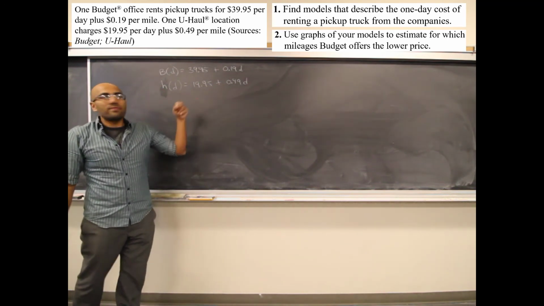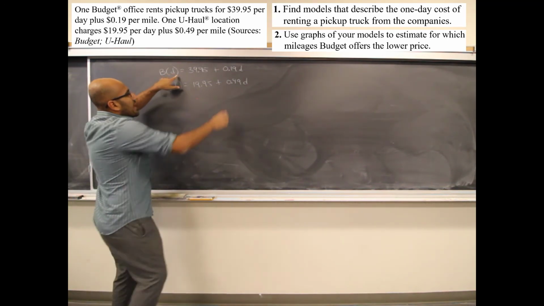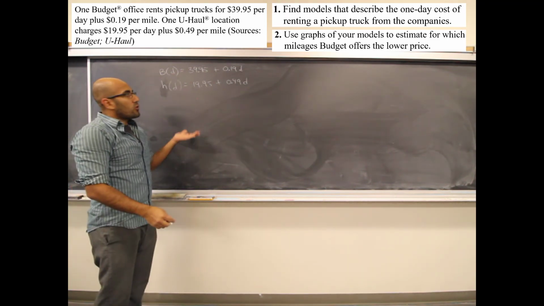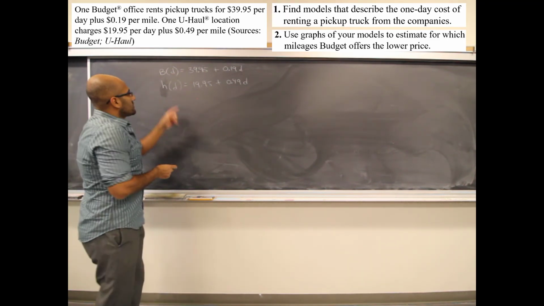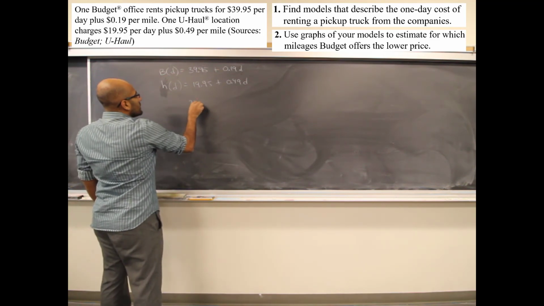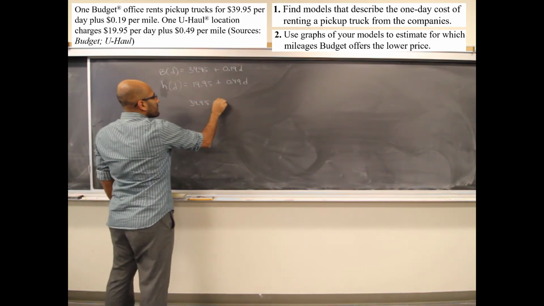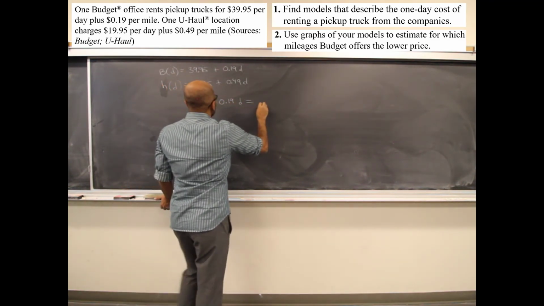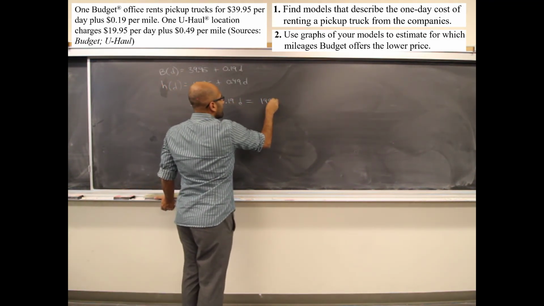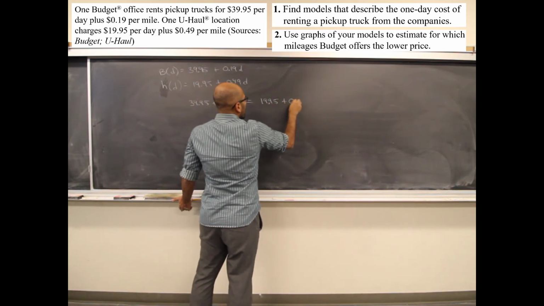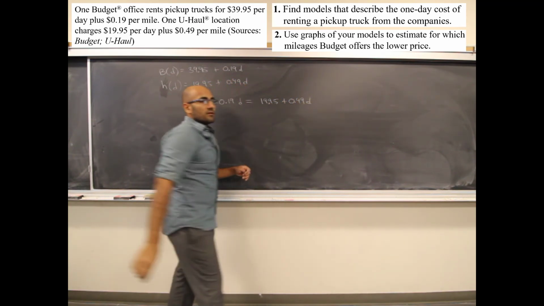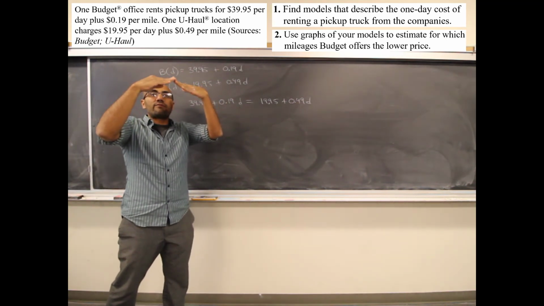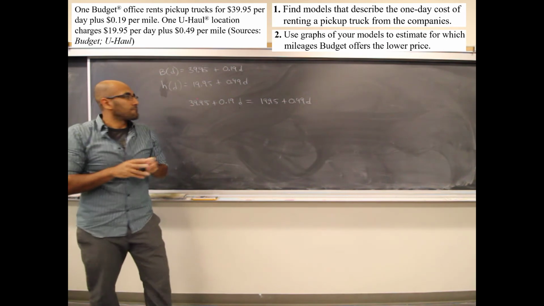And if we want to figure out when they're equal to each other, find the D value that gives you the same cost for both of them, well then we just set them equal to each other. Right? So that if we set them equal to each other, we end up with 39.95 plus 0.19D equal to 19.95 plus 0.49D. Right? Figure out the D value such that both of them give you the same cost.